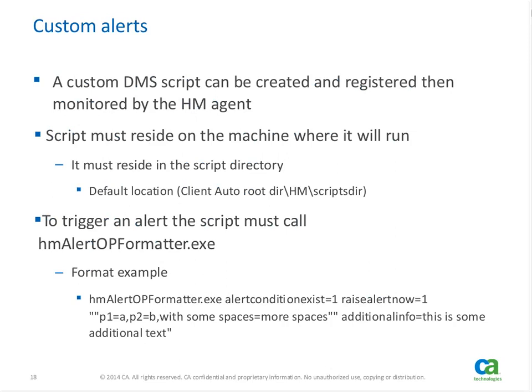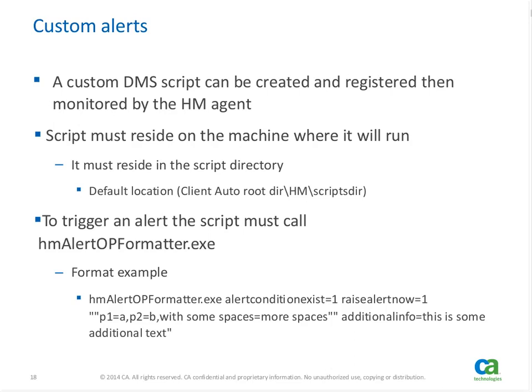You can also have custom alerts. A custom alert is basically a DMS script that you would register with health monitoring. The script itself must be installed in the scripts directory of the agent that's going to run it.